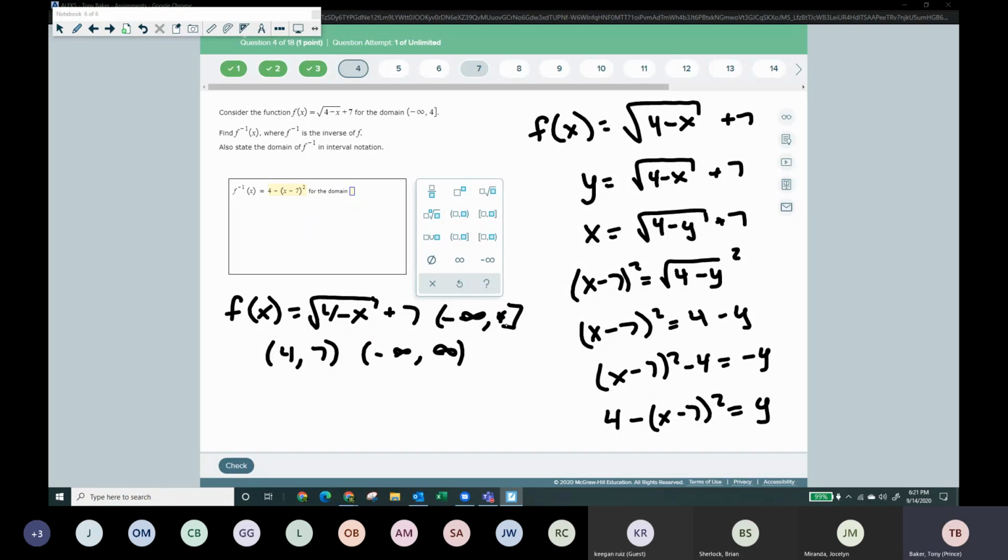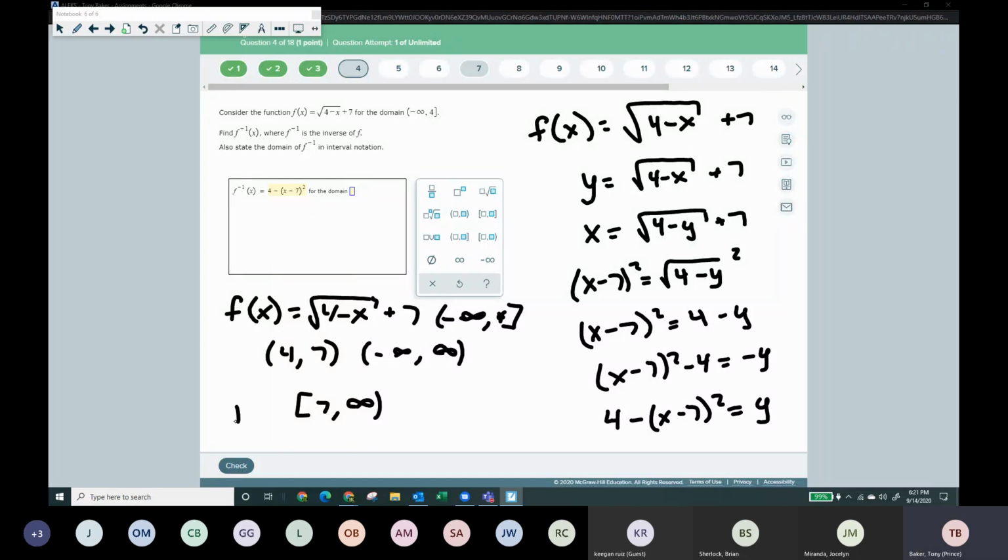So my range of this function is 7 to infinity. Those are the numbers that I can get out of this problem. The smallest number I could get out is 7, and then I would get all the numbers all the way up through infinity.